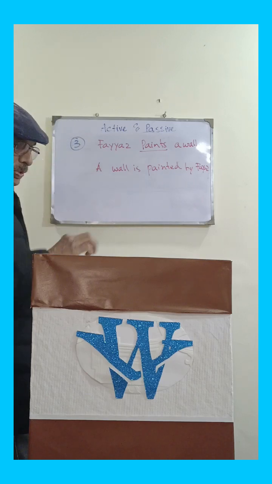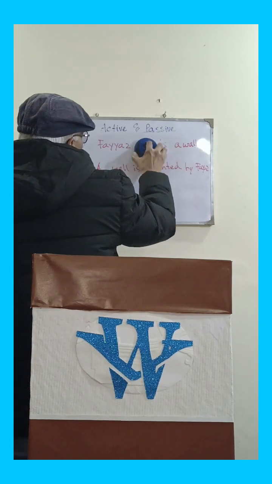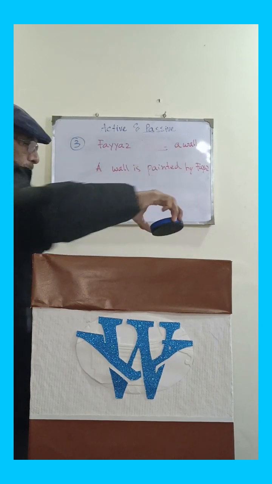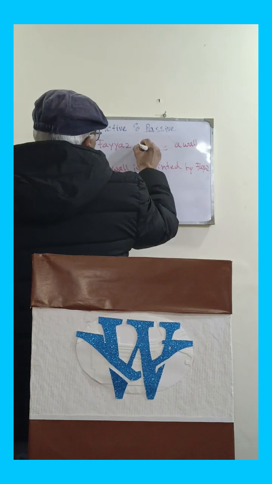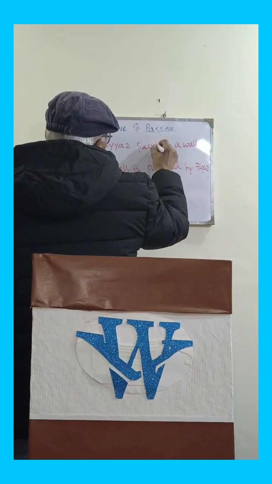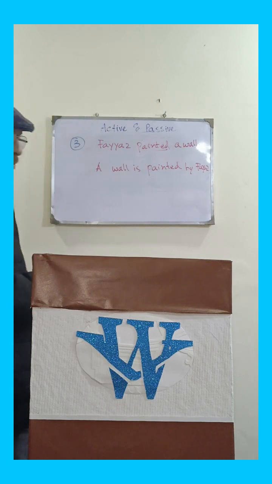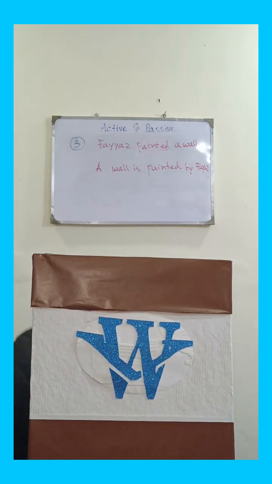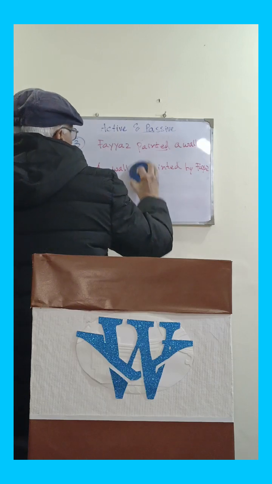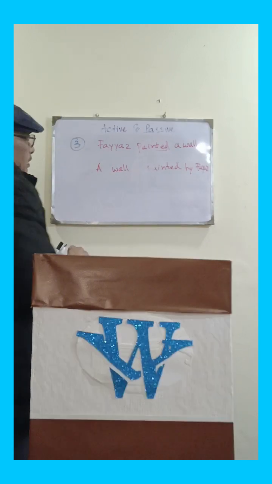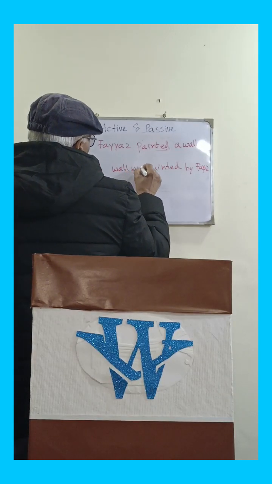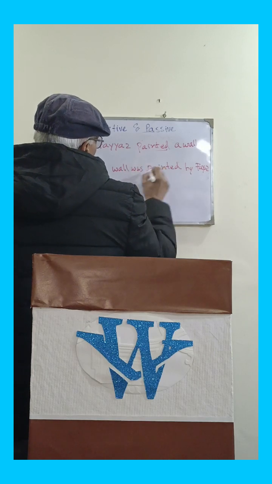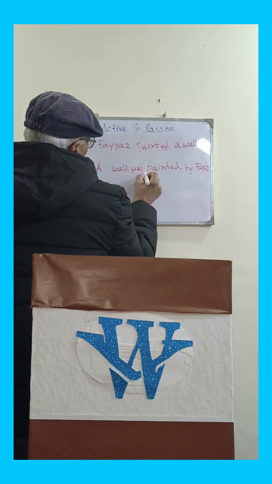Okay, now we change this one. Fayaz painted a wall. We made it past tense. So instead of is, it will be was. Right? Only this change, auxiliary, this one.